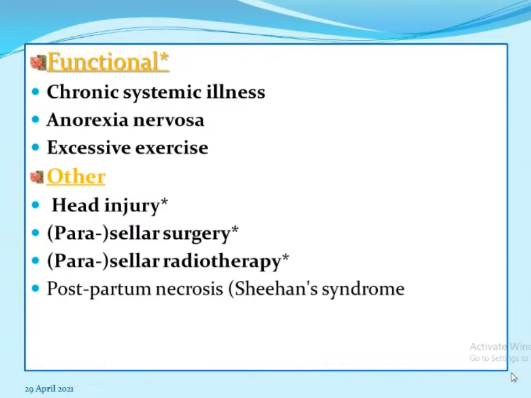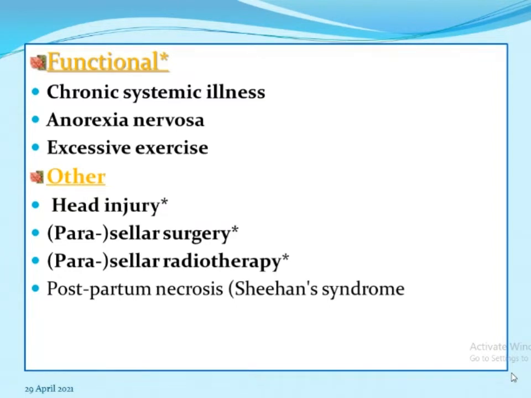hypopituitarism. So here, the clinical scenario is that you may come across a lady who delivered before, let's say, a few months, 2 months, 1 month ago, and presents with amenorrhea, lethargy, weakness, and other features of hypopituitarism.